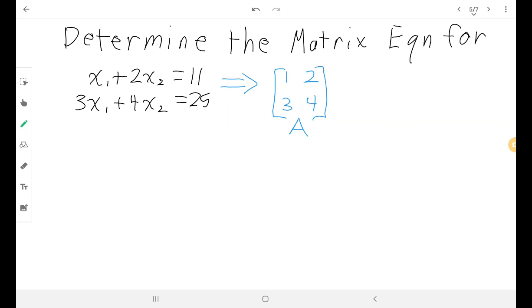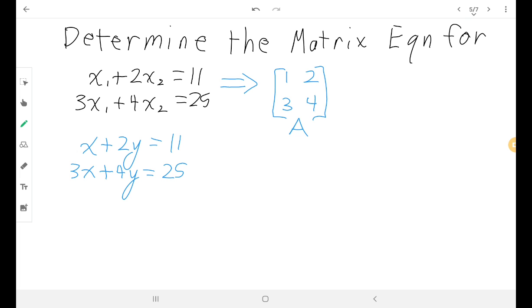We could have just as easily written this as a more traditional looking system, x plus 2y equals 11, and then 3x plus 4y equals 25. It's pretty common to use the x1 and x2 and x3 and x4 notation with matrices, mostly because we wind up doing extremely large matrices when we're doing this for real life, plugging things into computers.